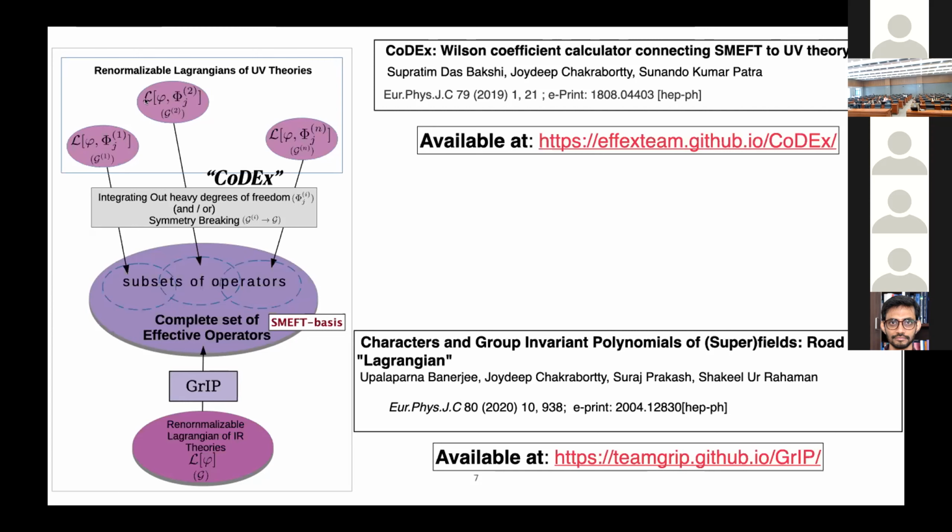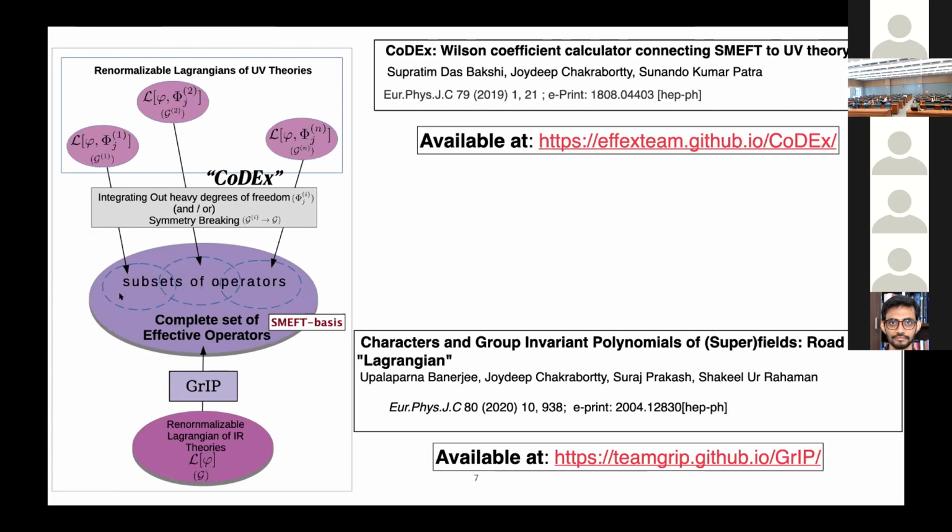Let's say you have three different UV theories, and you identify what the UV fields, the heavy fields or the non-standard model fields, are. Once you identify them, you can integrate them out and be left with the standard model degrees of freedom, and you'll find that you get a subset of this full complete set of effective operators, right?